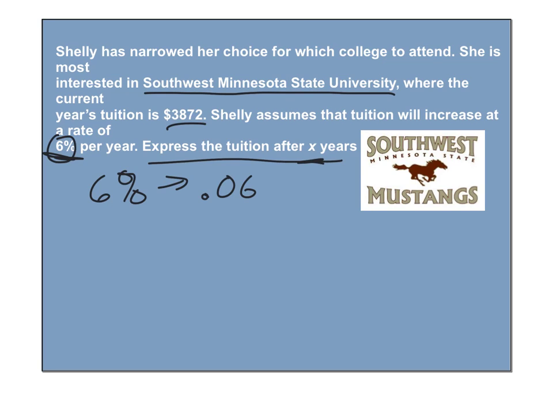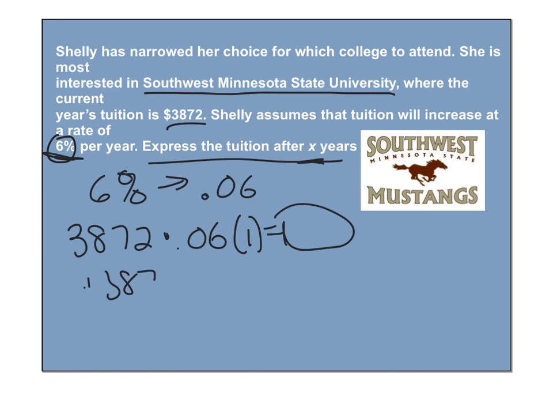So after 1 year, I'm going to take 3872 times 0.06, which will give me a number. Then I'm going to add it to 3872.